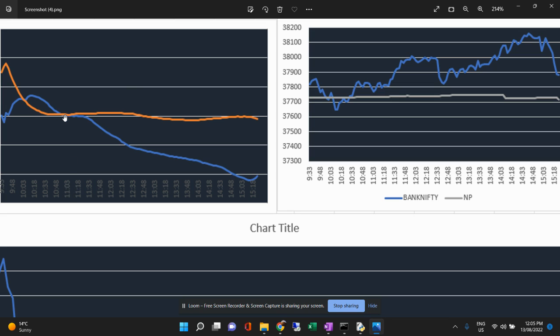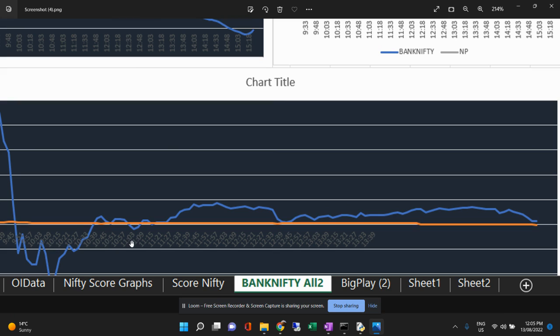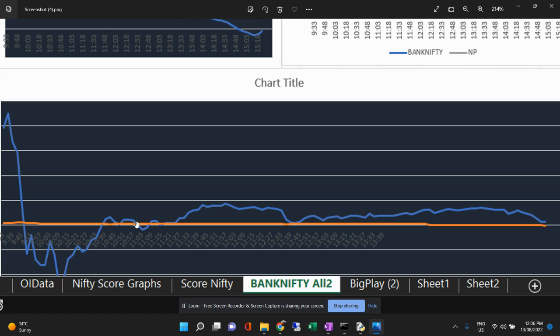The positive Z index got higher as well. At that time, Bank Nifty was also higher, and if you look down here, the Bank Nifty rate of change was lower.